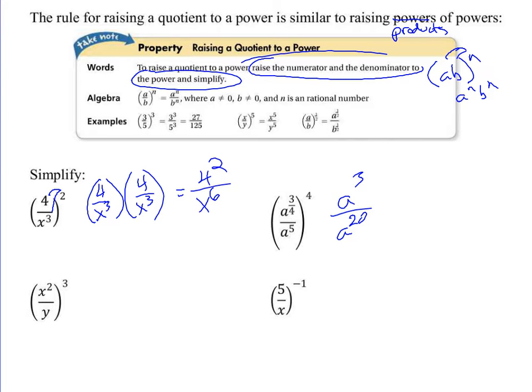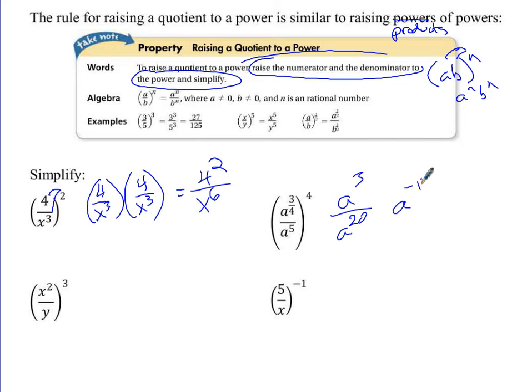No, we're not done, because we still have like bases that we can simplify. So to simplify this one, what do we need to do? Subtract the exponents. Yeah, we're dividing like bases there, and when you divide like bases, you subtract the exponents. So when we do that, we get a to the what?